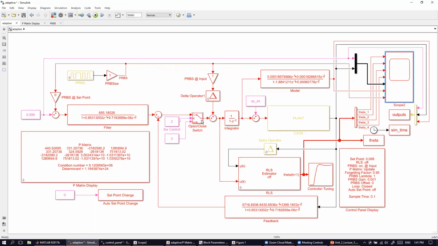So the input to the recursive least square estimator is here, and the PRBS has been injected in front of it. Is this clear now?